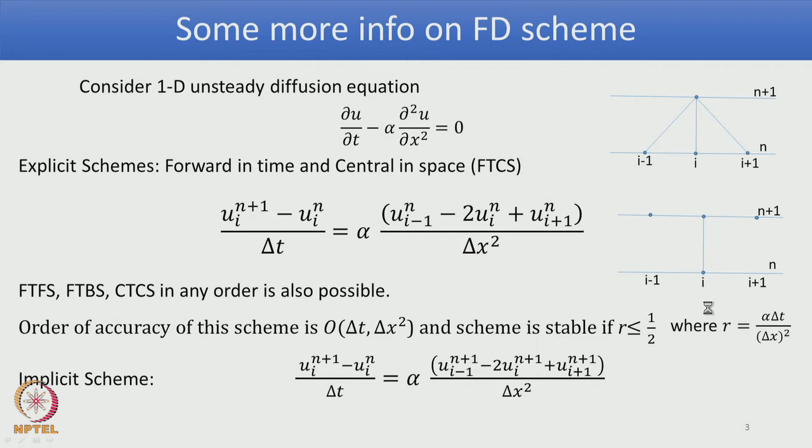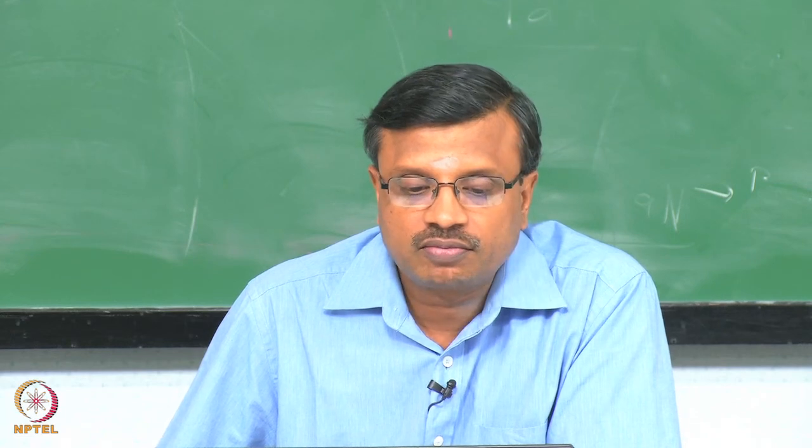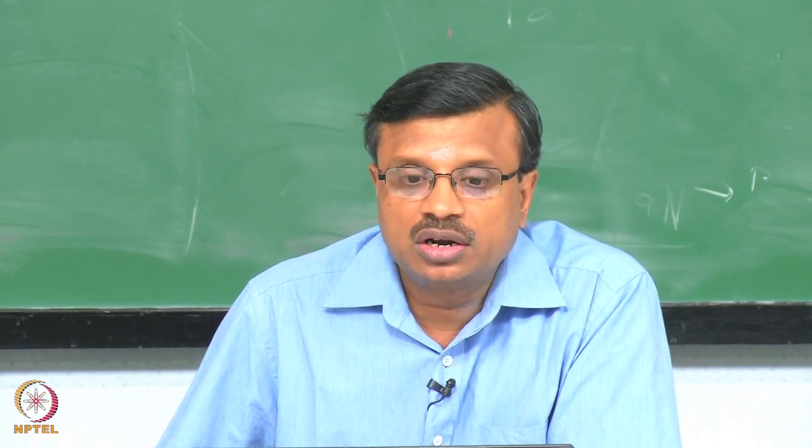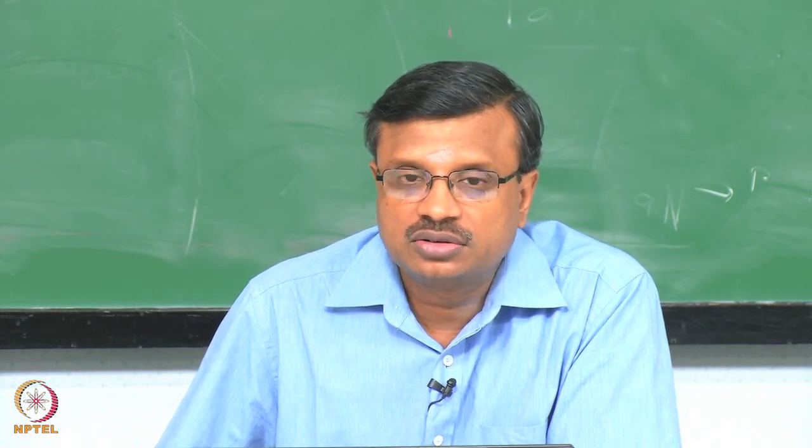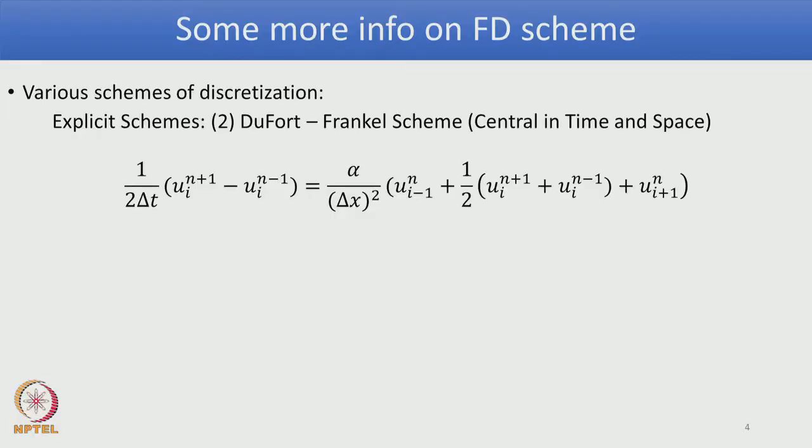Now, we try to understand how to get a different explicit scheme. There is a scheme called the Dufort-Frankel scheme, which is central in time and space. If you look at the time derivative discretization, you observe u of i, n+1 minus u of i, n-1.